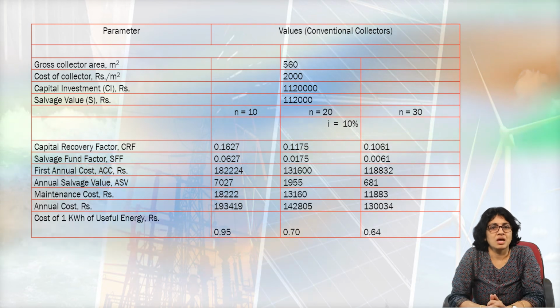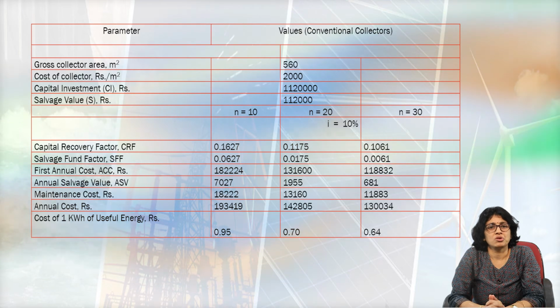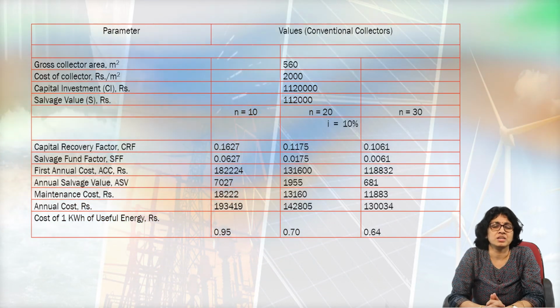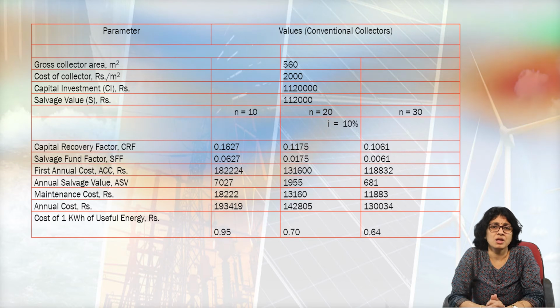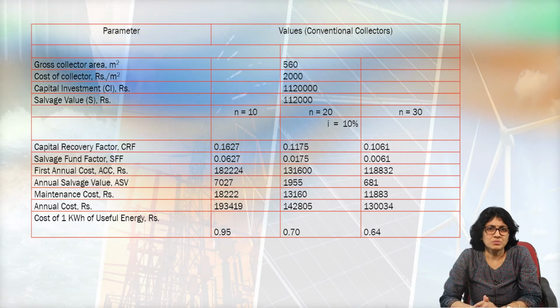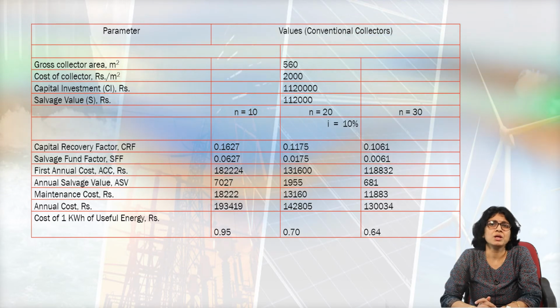Then we calculate the salvage fund factor, and we have studied the formula for calculating it in previous slides. It is calculated as i divided by (1+i)^n minus 1. Then we calculate the annual capital cost, which equals the capital recovery factor into capital investment.